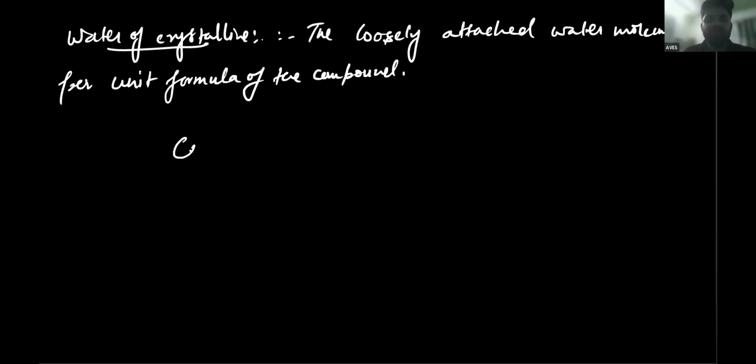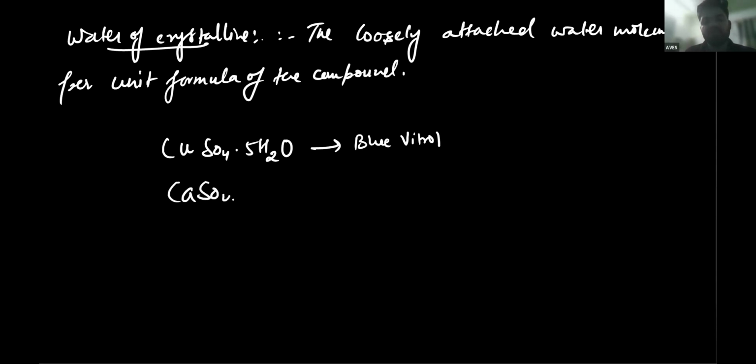For example, copper sulfate, CuSO4.5H2O, is called blue vitriol. Cu is copper, not Ca. CuSO4.5H2O is blue vitriol. CaSO4.2H2O is called gypsum.